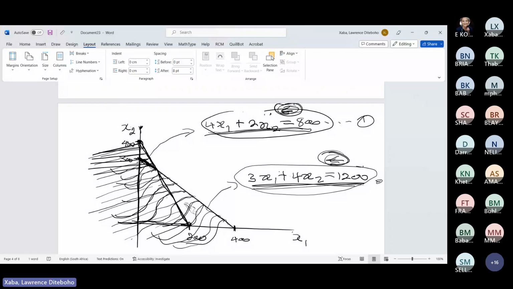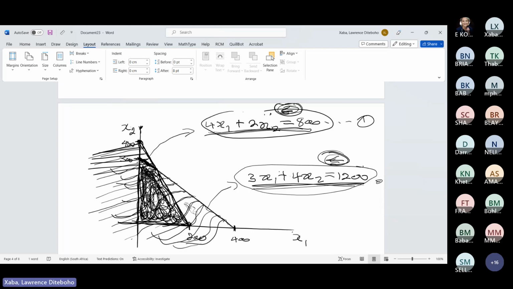So now we can shade it and say, this is our area. Why? Because we have two equations represented by two lines, and they show us this is the feasible region.